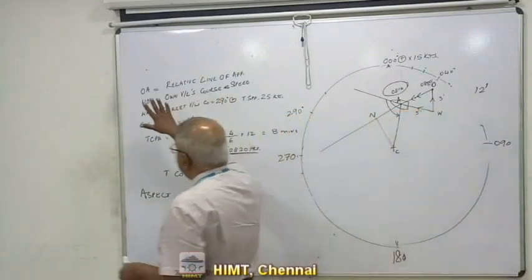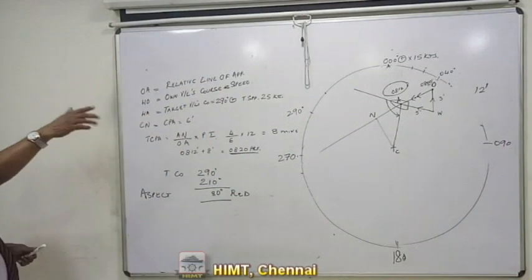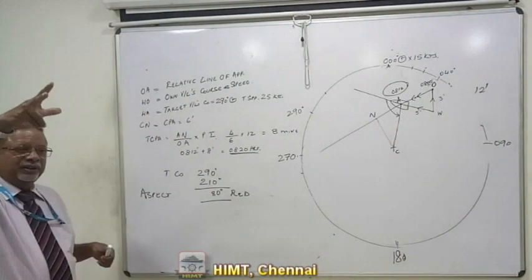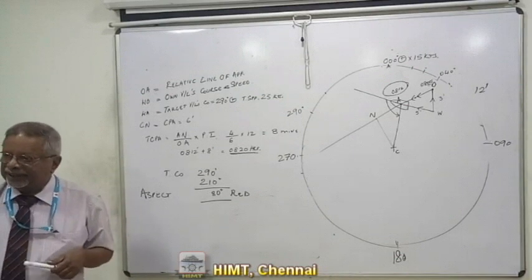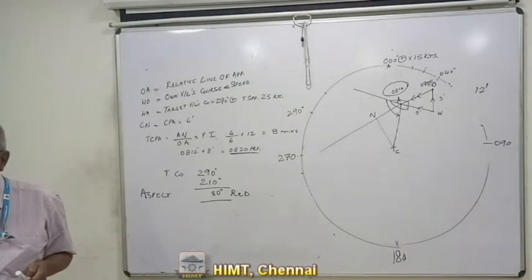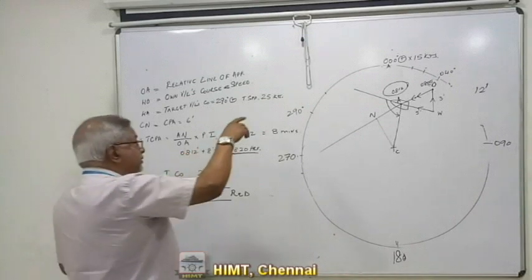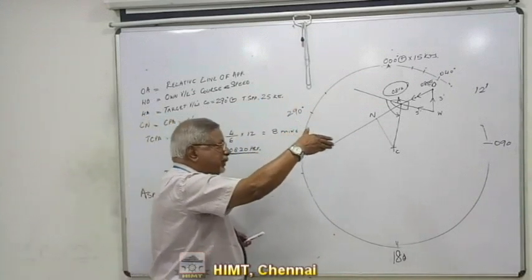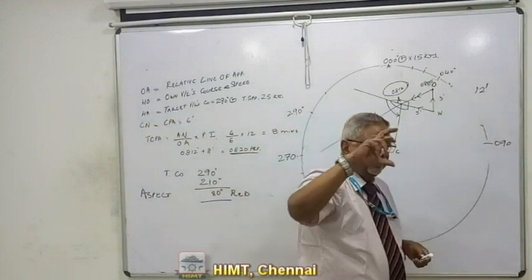The basics. OA is your relative line of approach. First and last observed positions, plot it, and then extend it. That is your relative line of approach. Then you put in your own course and speed from O, reverse of your course.